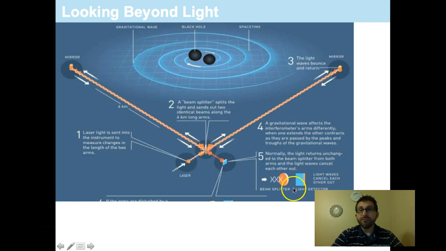Now, if the wavelengths of these two beams now are not synchronized, then we can detect a gravitational wave. In other words, if the gravitational wave is moving in this direction, then one of the detectors is going to be stretched in one direction, the other leg of this is going to be stretched in the opposite direction.